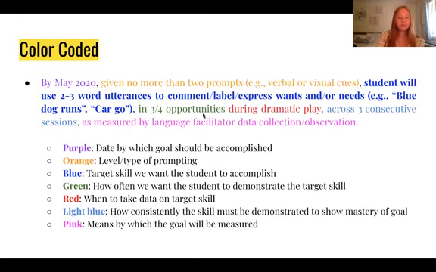This next part, the green part, is opportunities, right? And so that's going to be like if I have 5 cards with vocabulary words and you're able to name 4 of the 5 cards correctly, that would be 4 out of 5 opportunities.